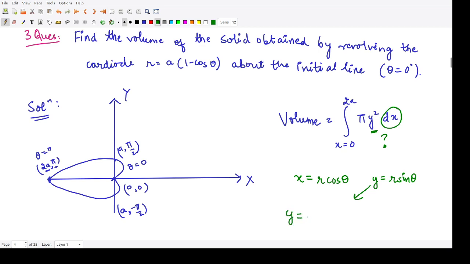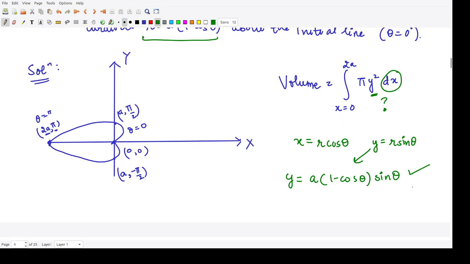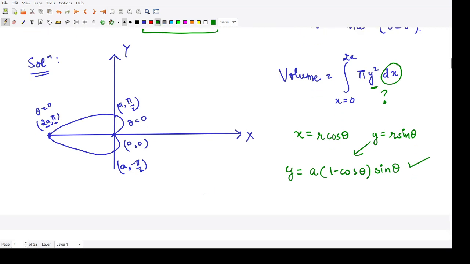The value of r is given in the question, so y would be a into (1 minus cos theta) into sine theta. And what would x be? x would be a into (1 minus cos theta) into cos theta, right?